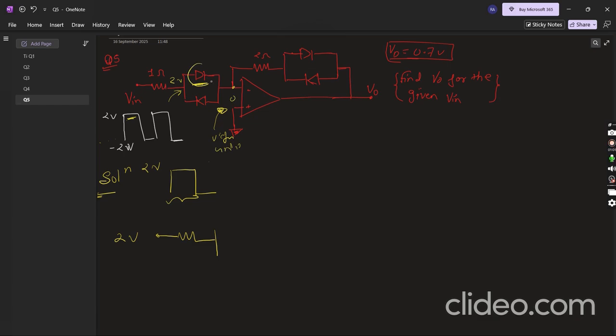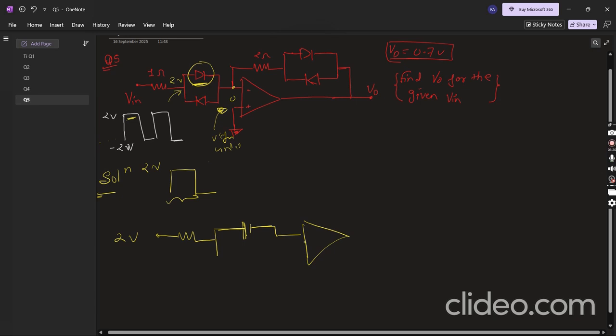So this diode will conduct. So this will become like this, and the forward voltage drop for the diode is 0.7. This goes to the op amp. It's a virtual ground.